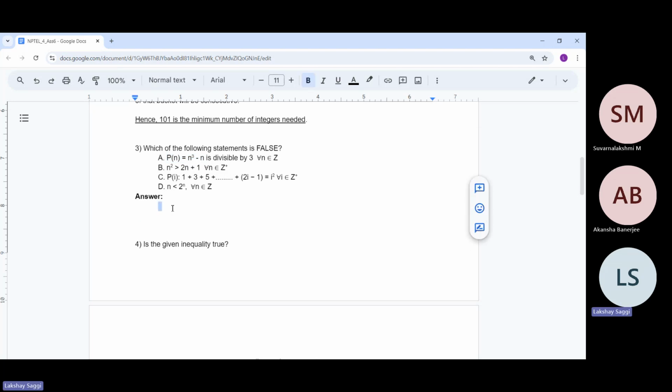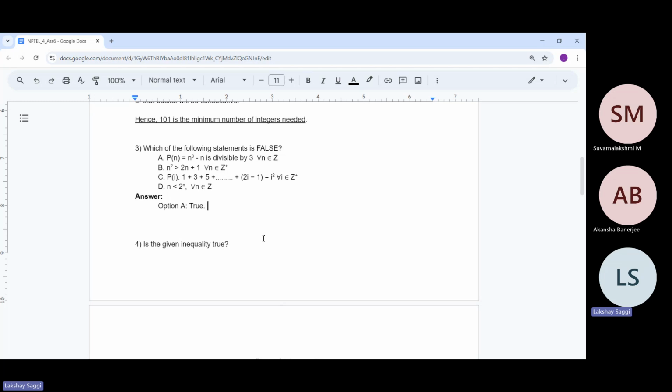Here you can go option by option. What do you guys think? Is this true, that n cubed minus n is divisible by 3? So maybe I should just tell you guys that, yeah, it is actually true.